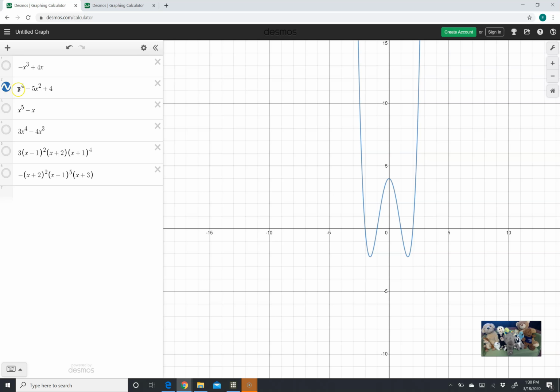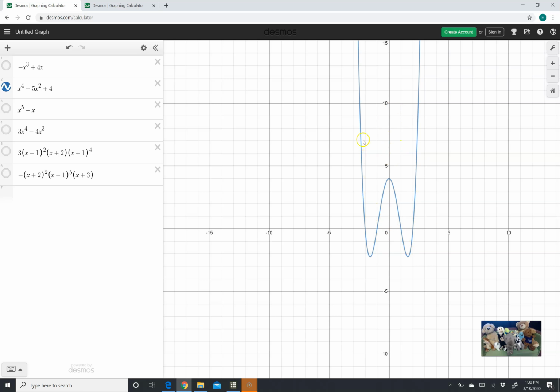If we look at the next one, the leading coefficient is positive, and the degree is 4. So the degree is even, which means that they're both doing the same thing on each end. And the leading coefficient is positive. It's just a 1. So in this one, remember, this doesn't tell us about the middle of the graph at all.